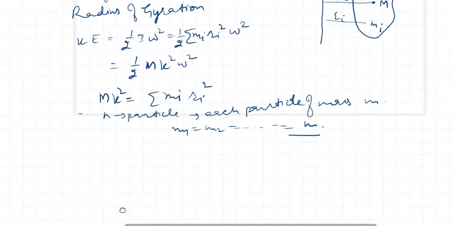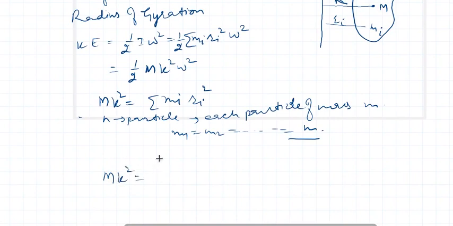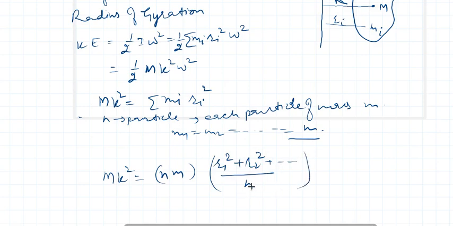Then I can say that M k square is equal to the sum of mi ri square.